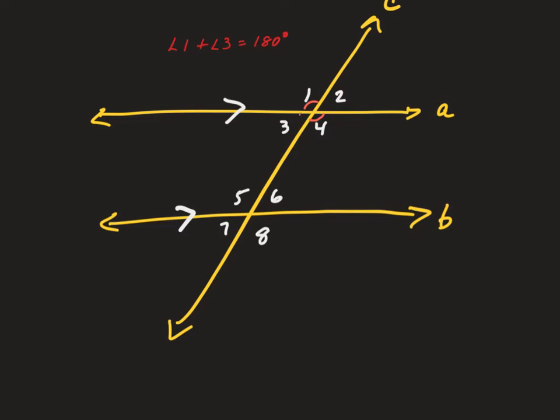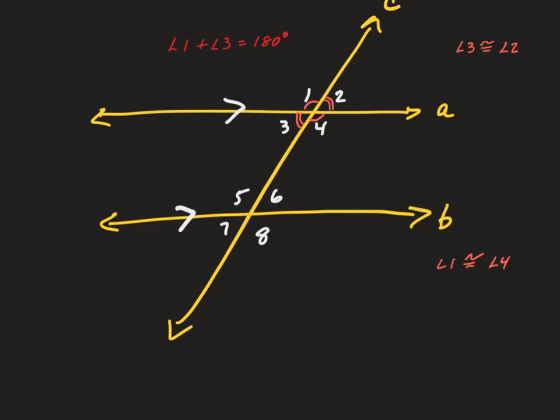And angle 3 and angle 2 are vertical angles, and they are also congruent. That tells me that angle 3 and angle 2 are congruent. I also have angle 1 congruent to angle 4.